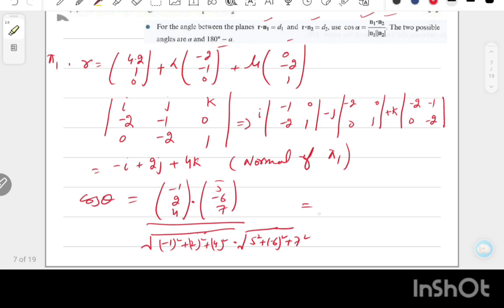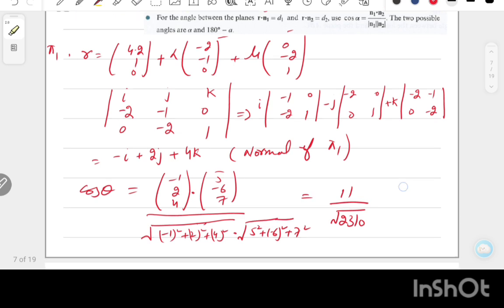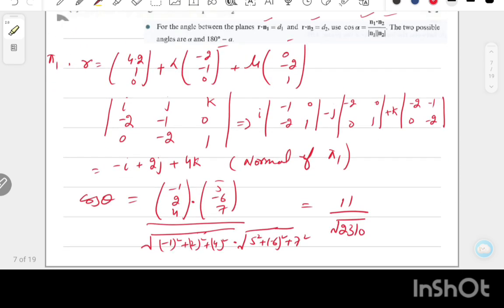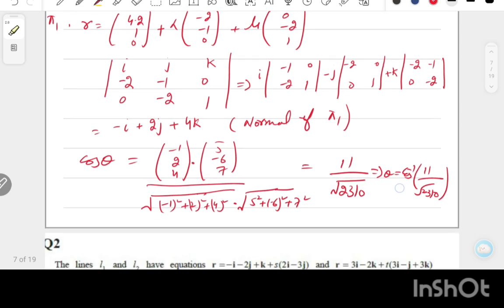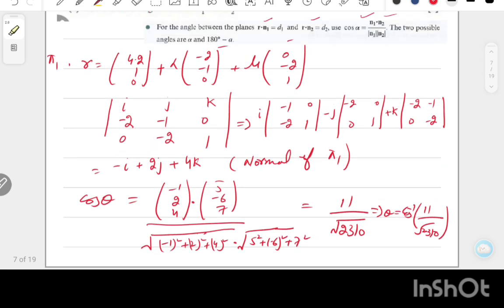When we multiply all these terms we get 11 divided by 2310, using the calculator. So we make theta equal to cos inverse of 11 divided by square root 2310, and we get the answer for angle theta.